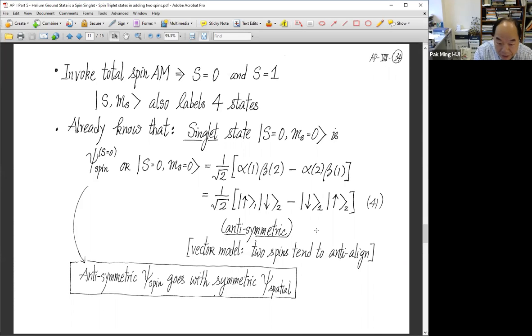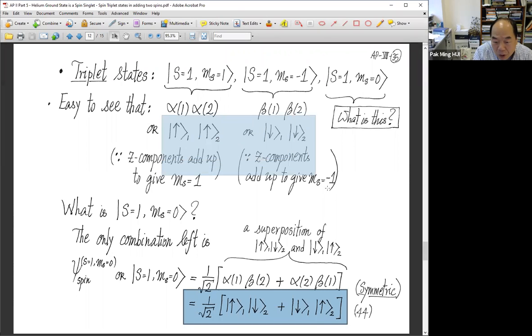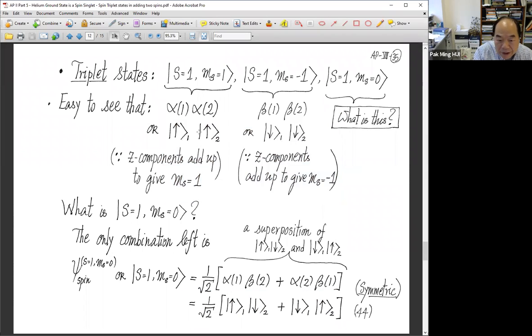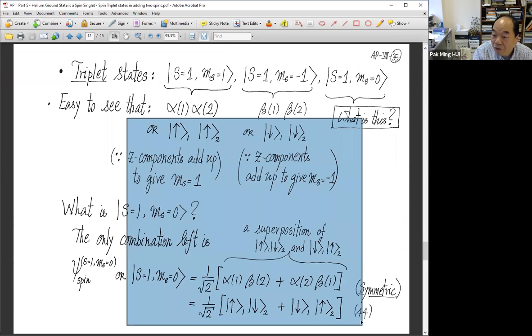So I already explained this. Okay, so I will also explain that. I just explained that this is symmetric. Up, up, down, down is automatically symmetric. So these three together give us the S equals 1 states.